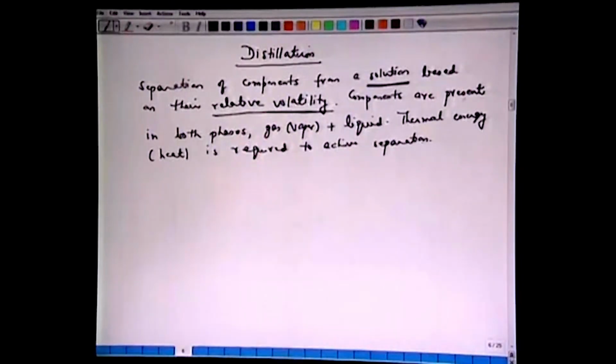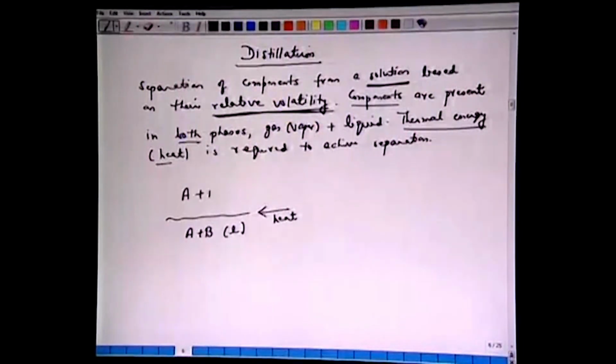So there are three things to note here. One, mechanism here is relative volatility. Second, components are present in both phases. And third, we require this heat to cause these separations. So if we start with A plus B in the liquid phase, we have to give energy here, heat, to cause the separations, and we have A plus B in the vapor phase.